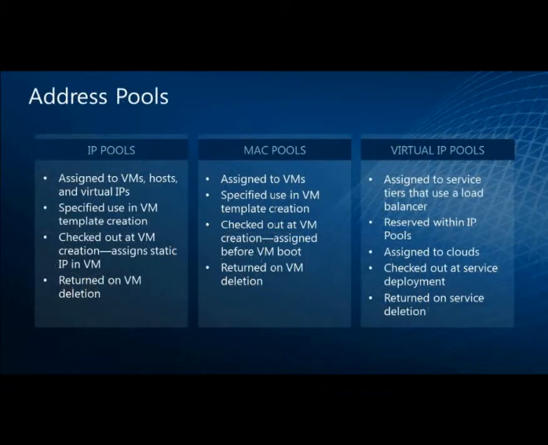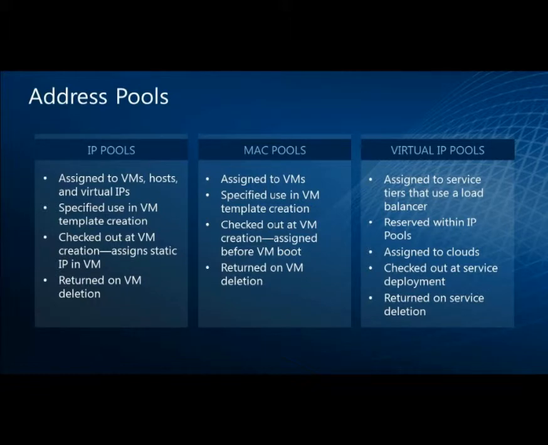We do that by creating these things called IP pools within the logical network environment. These IP pools allow me to create a pool of IP addresses that we can allocate on deployment of VMs, and we can return on any VM deletions.